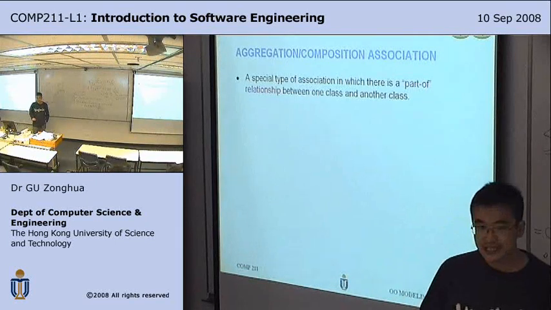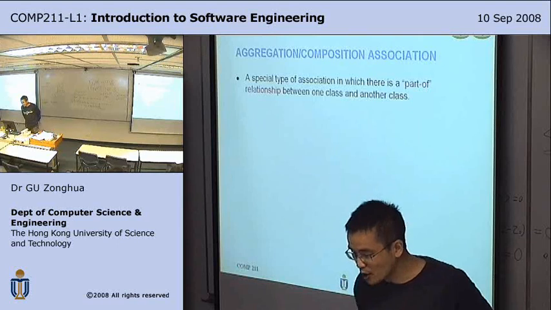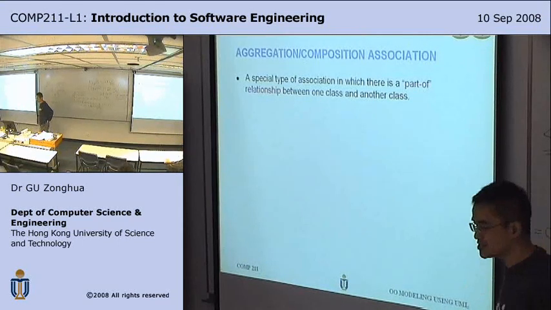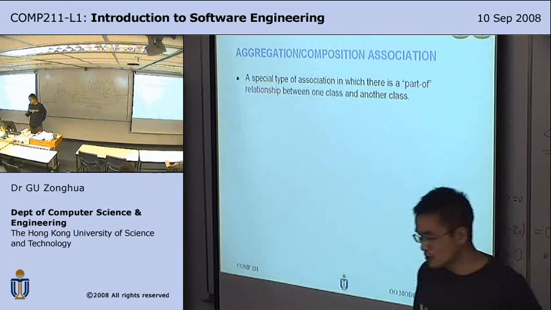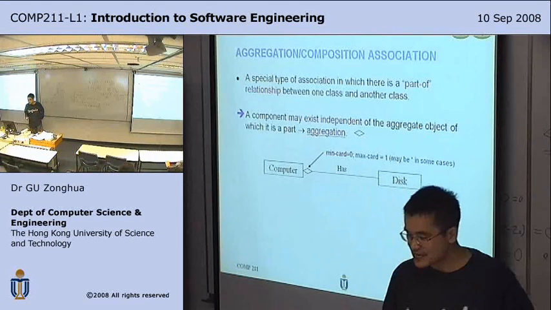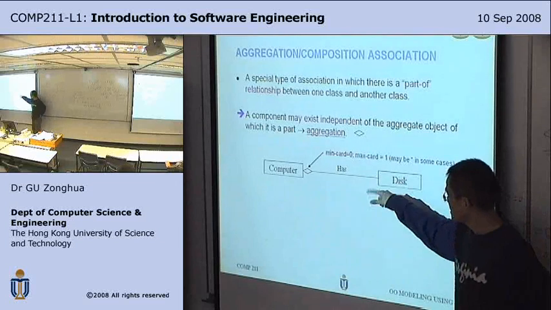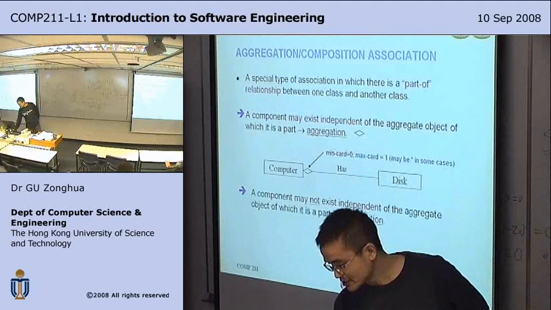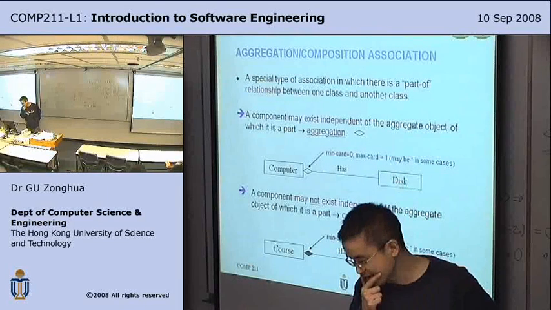So aggregation and composition describe a part-of relationship between one class and another class. So this is a type of association. It is stronger than the association. Aggregation is this shape here with the empty inside, versus the composition, which has this solid shape with black filled color.